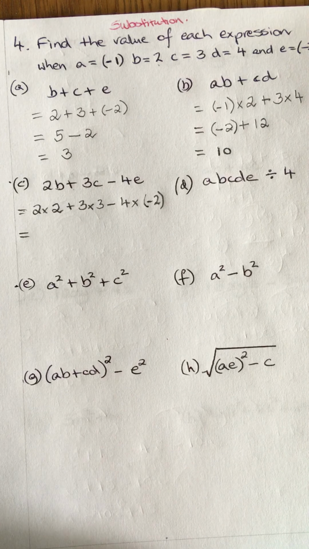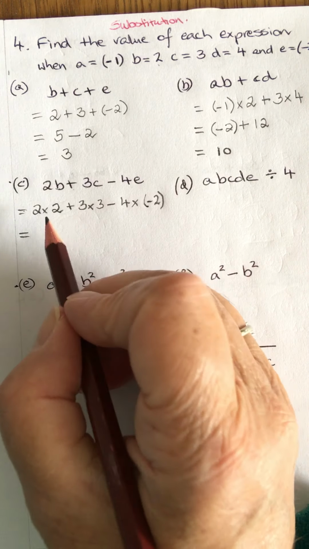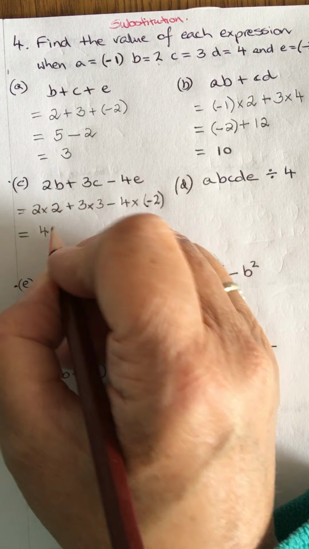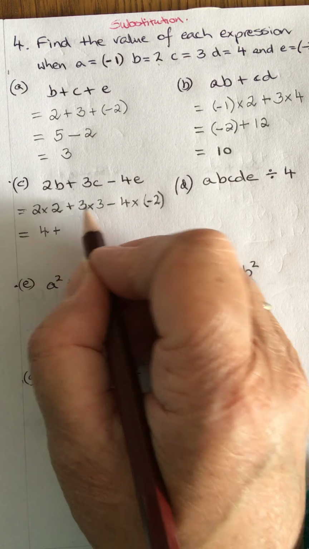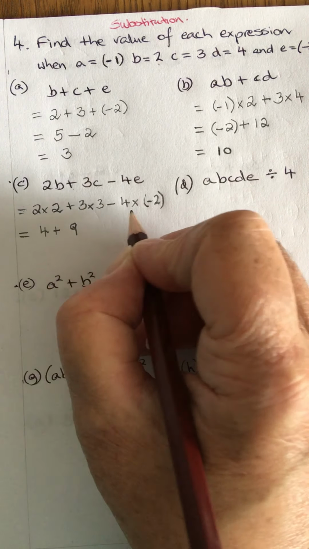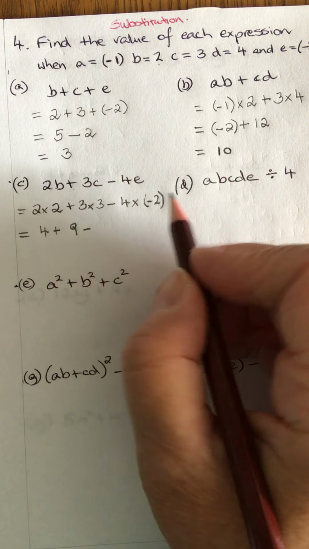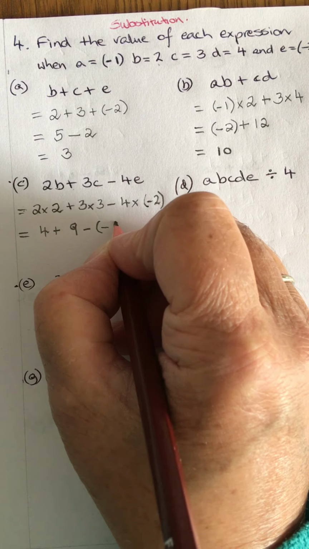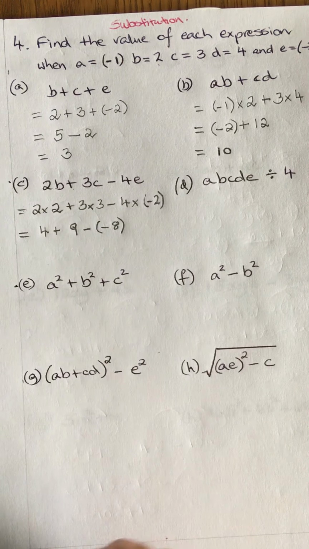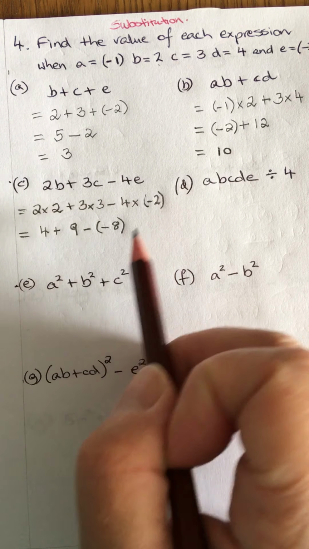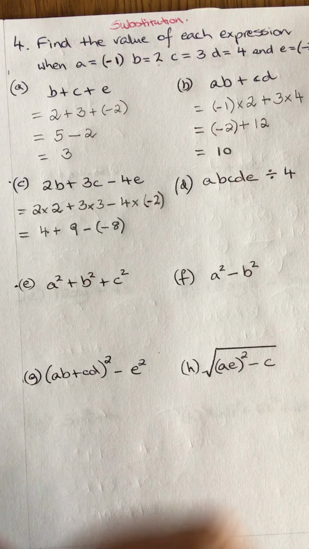So do the multiplication before we do the add or subtract. 2 times 2 is 4. Plus 3 times 3 is 9. Minus 4 times -2 is -8. Okay, you could have done at that point -4 times -2, but I'll take care of the negative now.